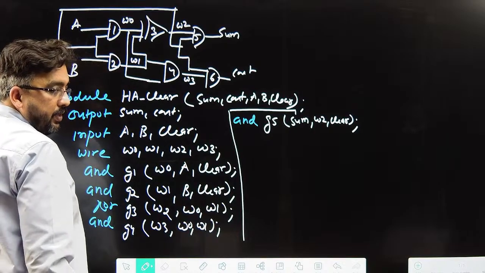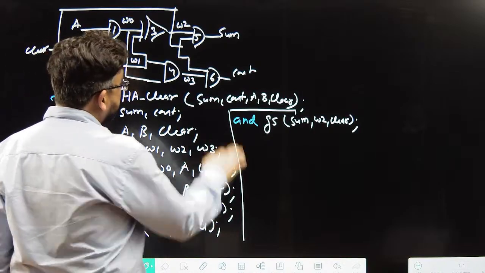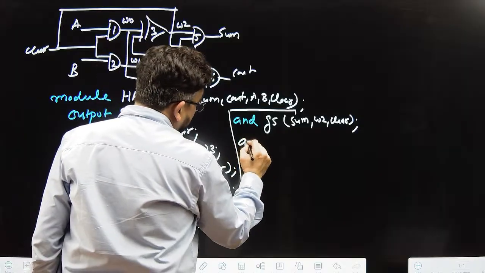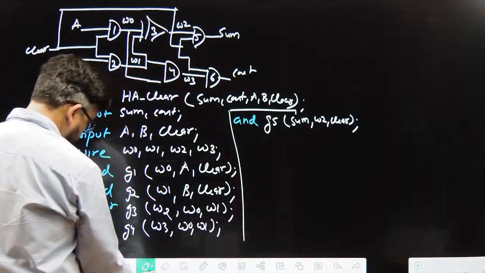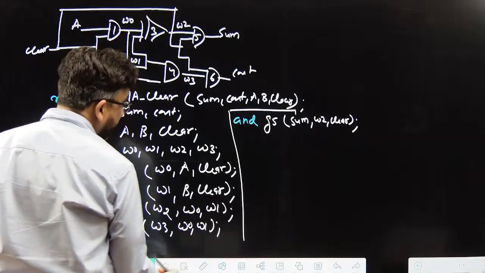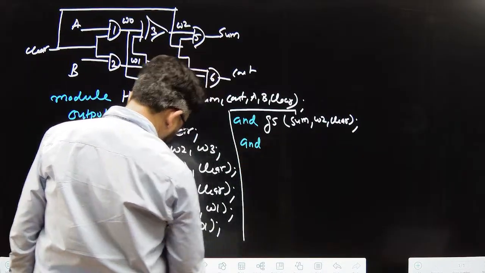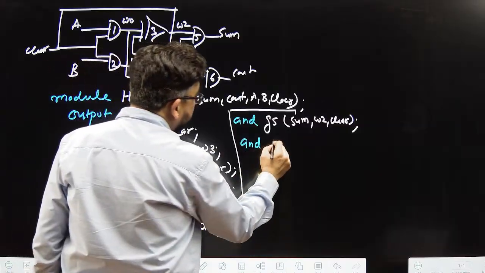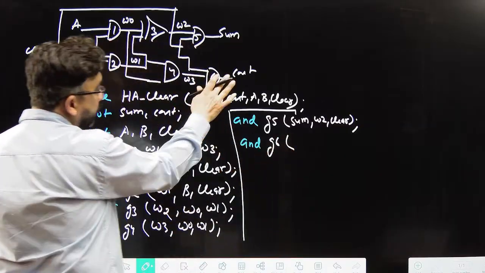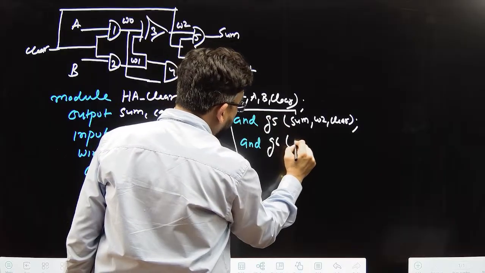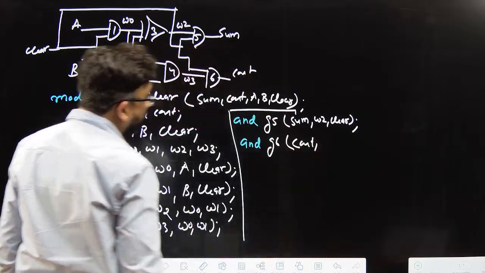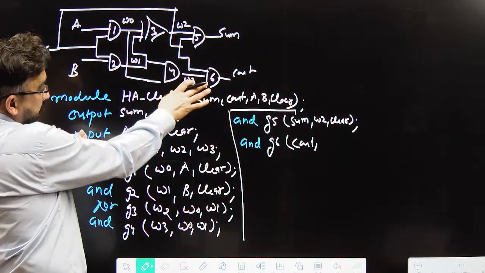And this last one, again AND G6, the output is C out. And what is my input?